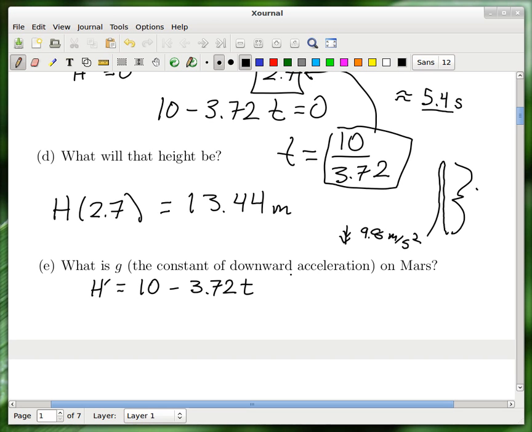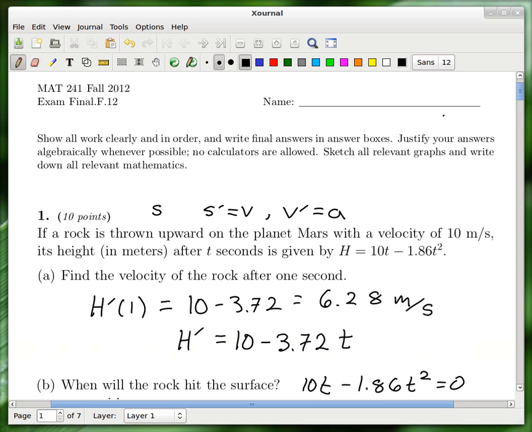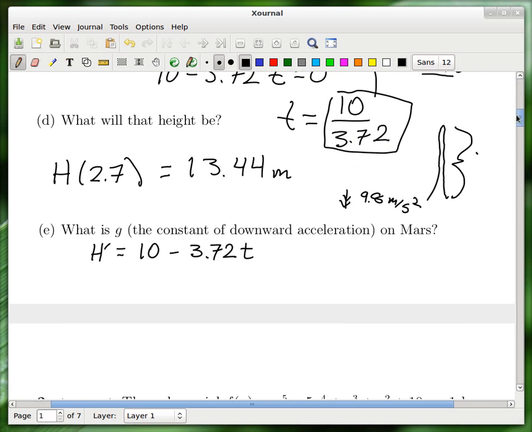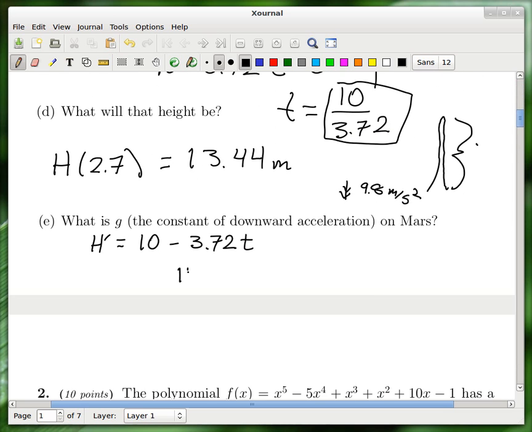There's some corresponding acceleration on Mars, and by these rules about displacement, velocity, and acceleration, you can tell that the answer here, acceleration, is just the second derivative of displacement. So the answer to E is just h prime prime, which, as you can see, is negative 3.72 meters per second per second.